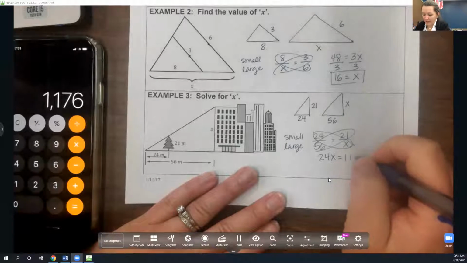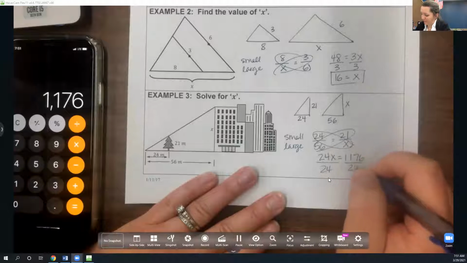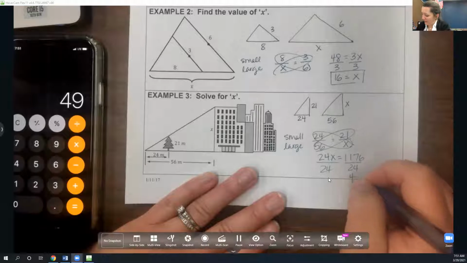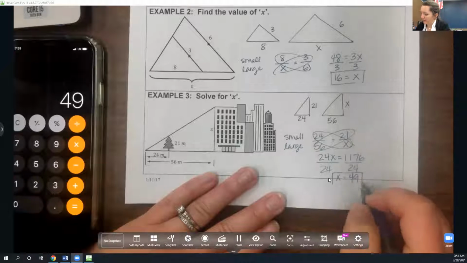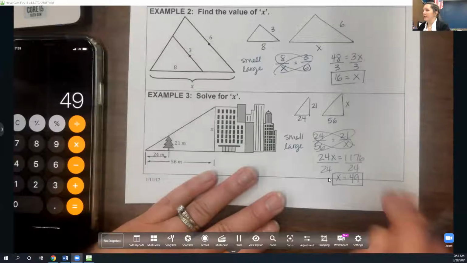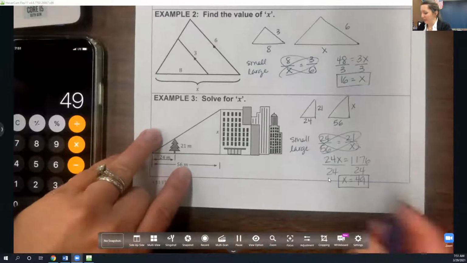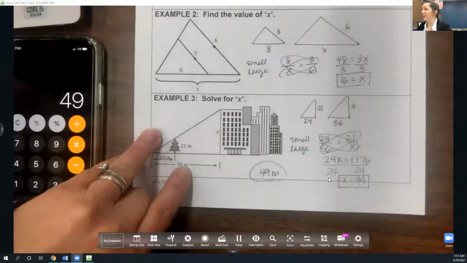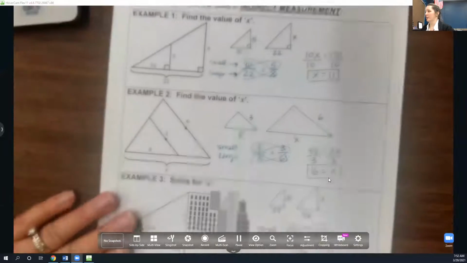A large number. 1,176 divided by 24. And we get 49. Oh, that's a nice whole number. 49. And then if I plug it back in, because notice I have some units here, my building is 49 meters if we want to be very specific about it, all right? So that's how we can use proportions, equal ratios to solve for indirect measurement.